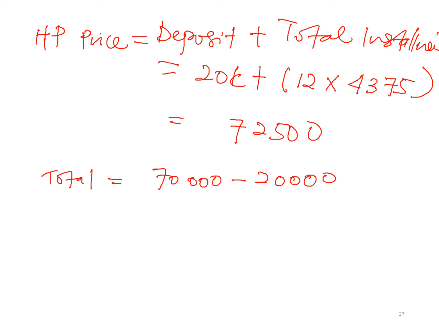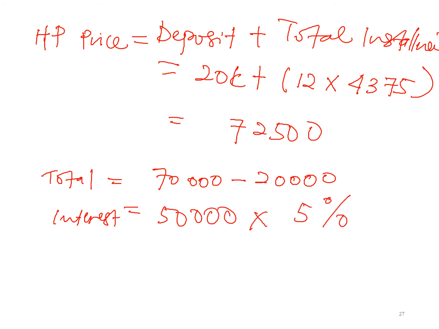So the loan that the hirer gets from the owner is 50,000. This 50,000 I then times with the 5% interest rate, and you will get 2,500. So the total interest is 2,500 and the hire purchase price is 72,500.